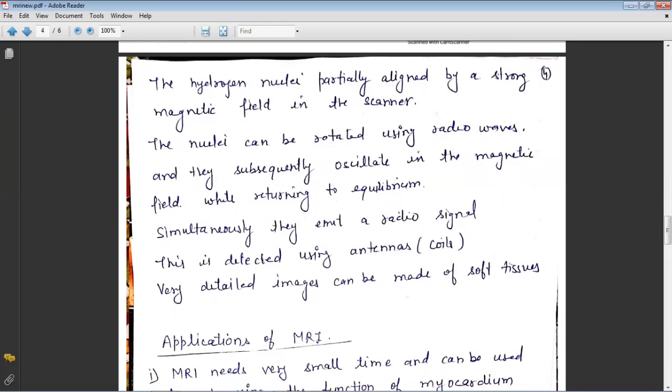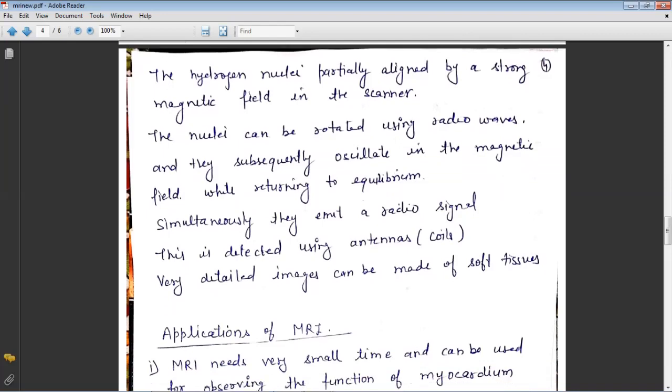Simultaneously they emit radio signals, and these are detected using antennas. These are coils, and very detailed images can be made of soft tissues. By this process we can diagnose, or collect information about the disease, and then there can be better treatment of the disease.